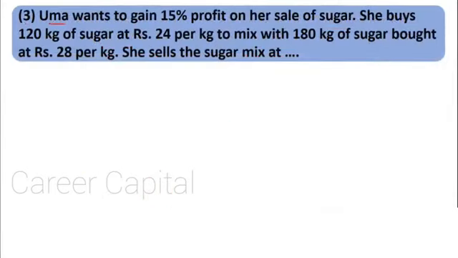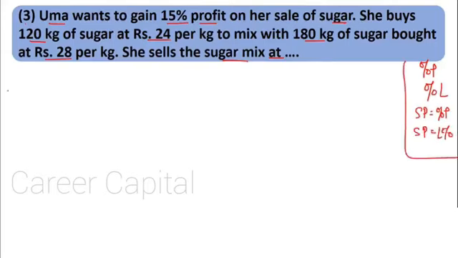Question number 3. Uma wants to gain 15% profit on her sale of sugar. She buys 120 kg of sugar at rupees 24 per kg to mix with 180 kg of sugar bought at rupees 28 per kg. She sells the sugar mix at, now what all formulas have we seen for profit and loss? We have seen percentage profit, the formula for percentage loss, and the formulas for finding the selling price when we know the profit percent or the loss percentage.